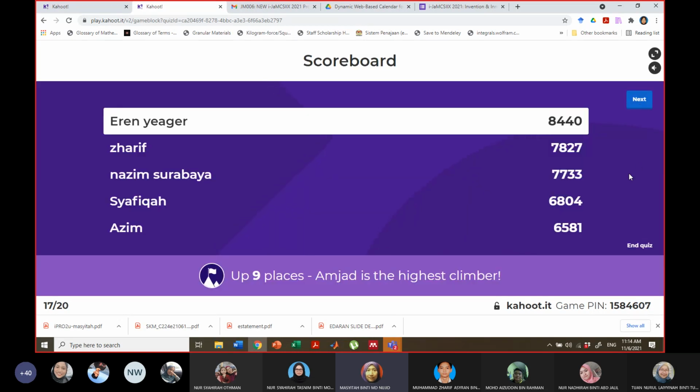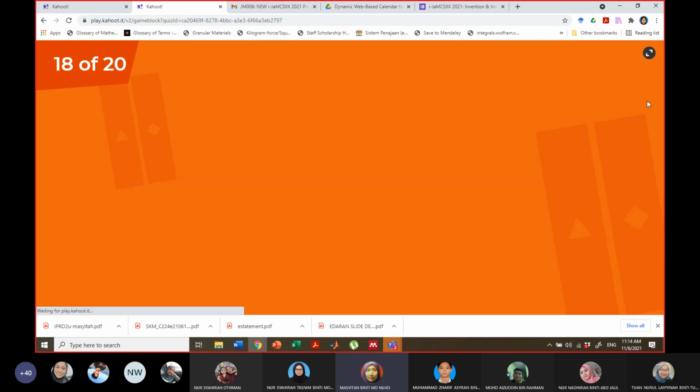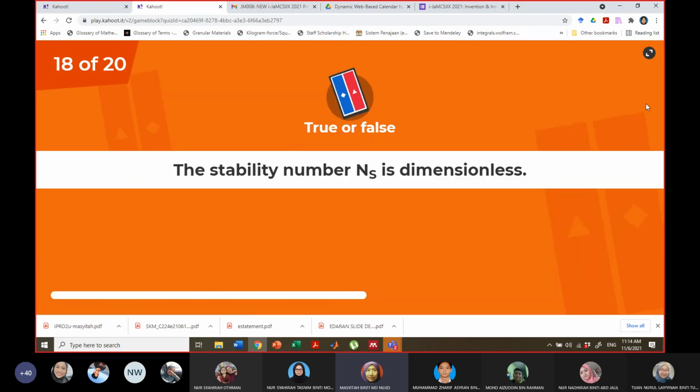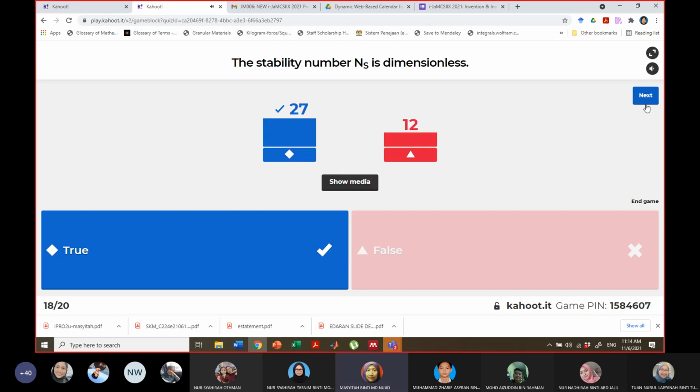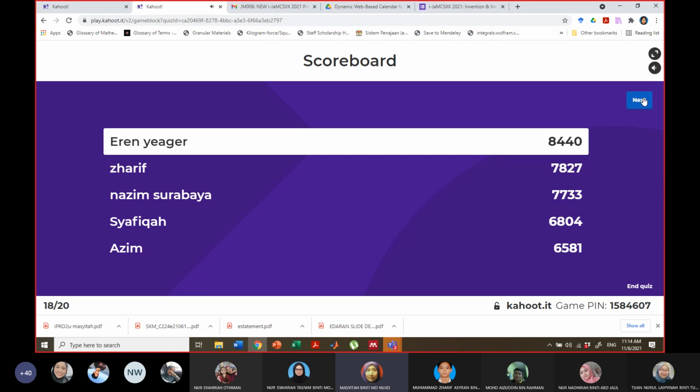So the next question is true or false: the stability number Ns is dimensionless. True or not? Yes, it is dimensionless. Dimensionless is unitless.